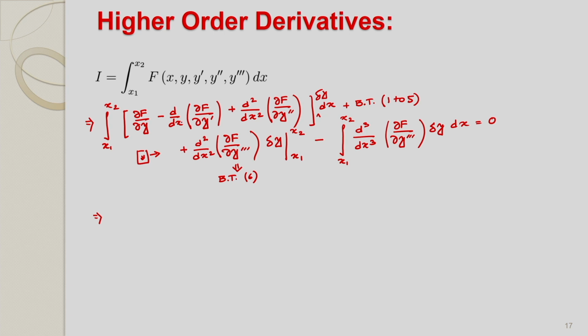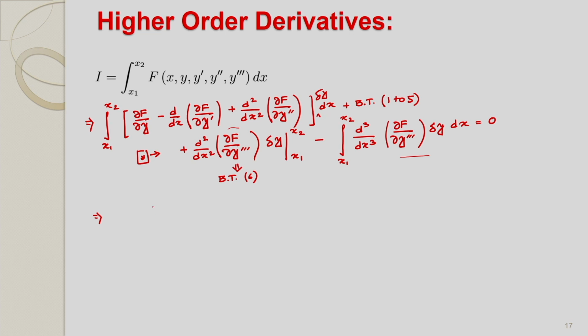So, if you combine this domain term and this domain term and use the arbitrariness of delta y, we can write the Euler-Lagrange equation by combining these two terms, minus.